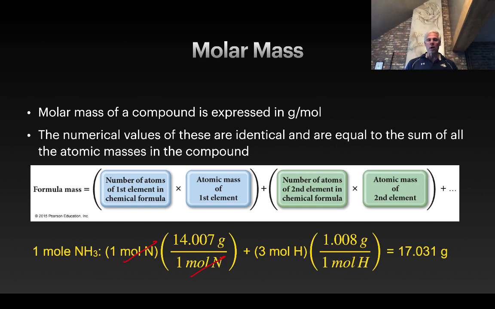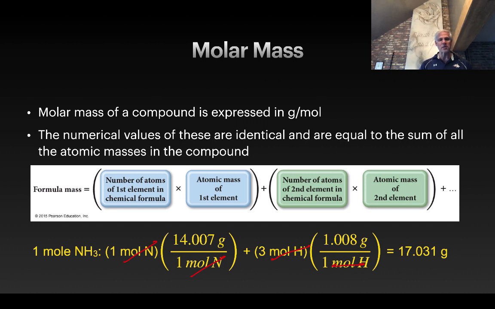Now for our hydrogen, we see that we have 3 hydrogens for every NH3 molecule. That means for every mole of NH3, I'm going to have 3 moles of hydrogens. Each mole of hydrogen atoms weighs 1.008 grams. And again, that comes directly from the periodic table, so that's per 1 mole of H. And so now my moles of H cancel out, and I'm just left with grams.